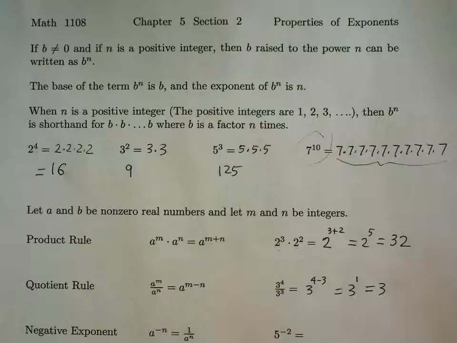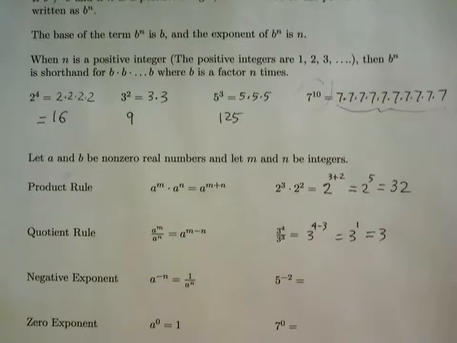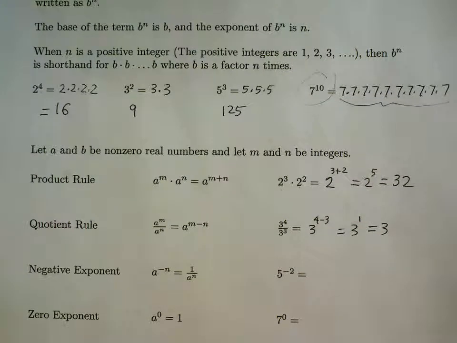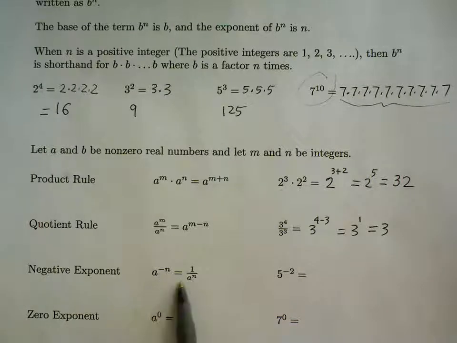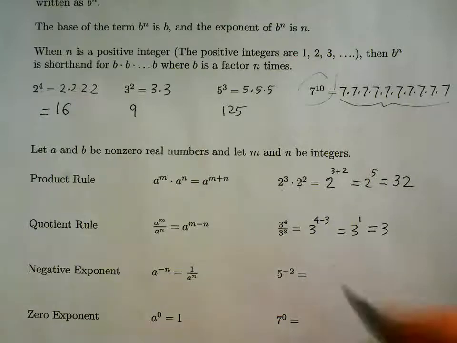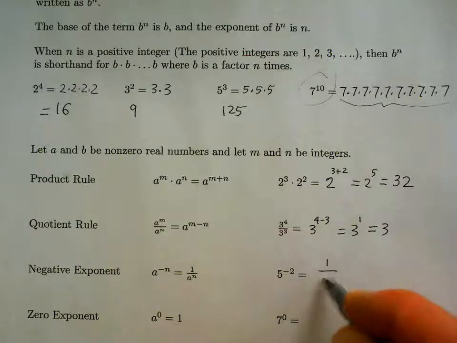Okay, we also have negative exponents. A raised to the negative n is equal to 1 divided by a to the positive n. Okay, in this example, 5 to the negative 2, well, that's equal to 1 over 5 to the positive 2.